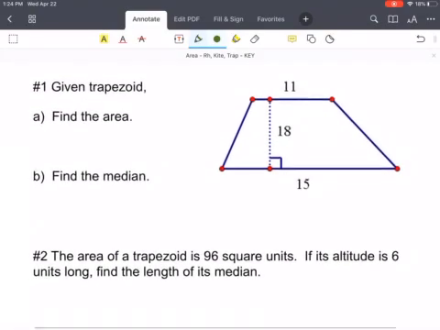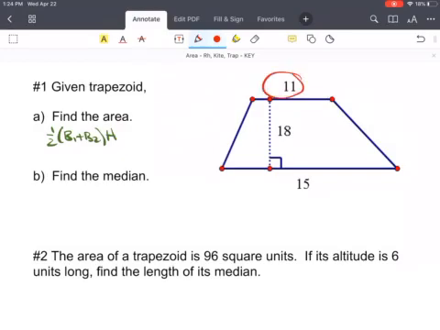So in number one, first off, to find the area. Half of our bases added together multiplied by our height. So we have base 1 and base 2. So half of 11 and 15. Multiply that by our height of 18.